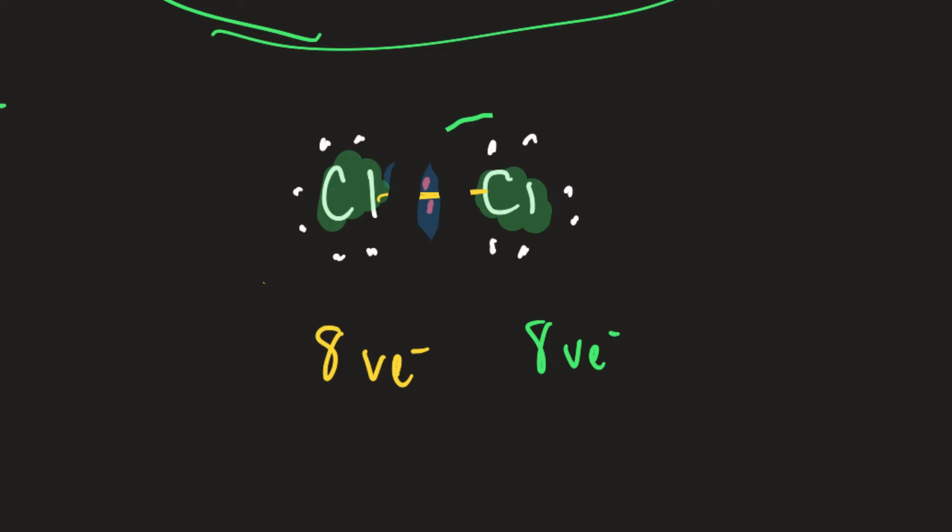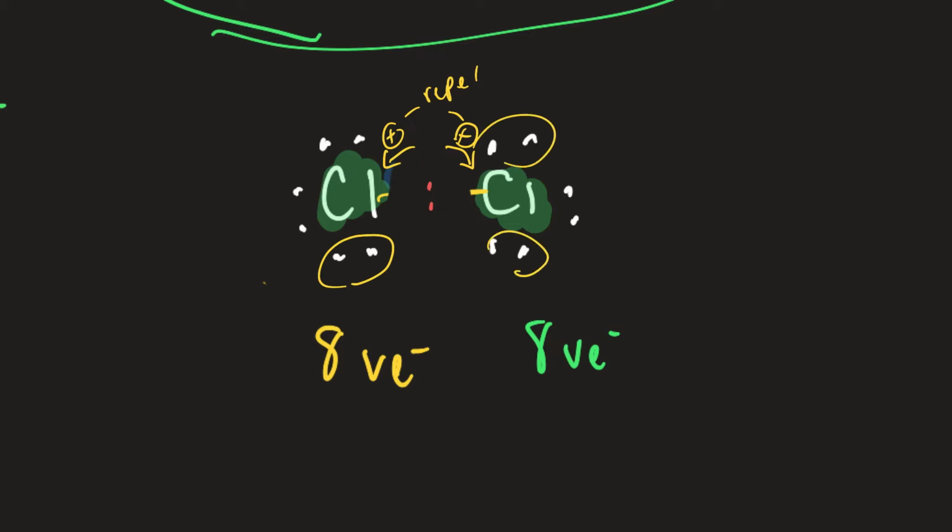So you're going to have this repulsion effect between the 2 nuclei, because they're both positively charged. Because they're positively charged, they're going to repel each other, naturally. And also you're going to have repulsion between these electrons, because these electrons are close to each other, they themselves are going to repel.